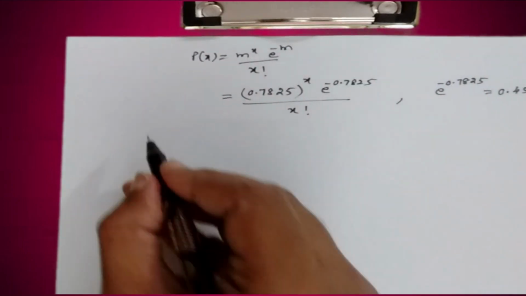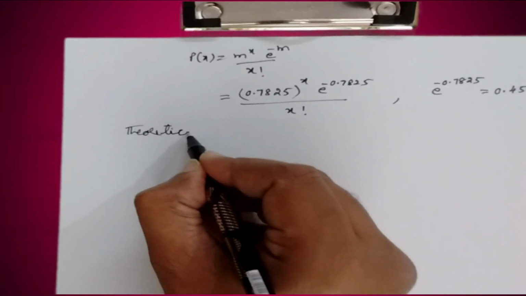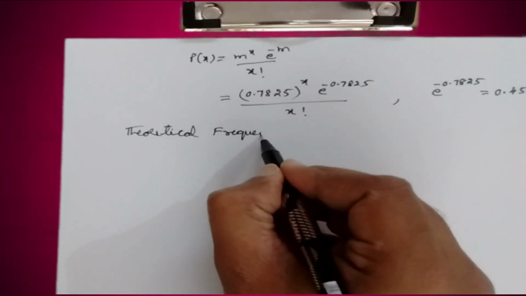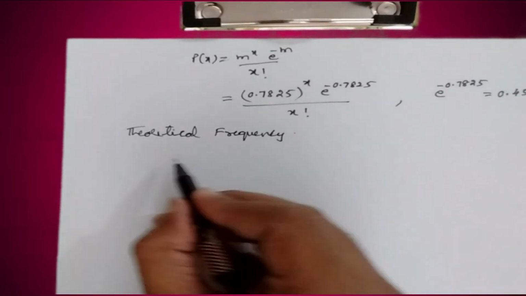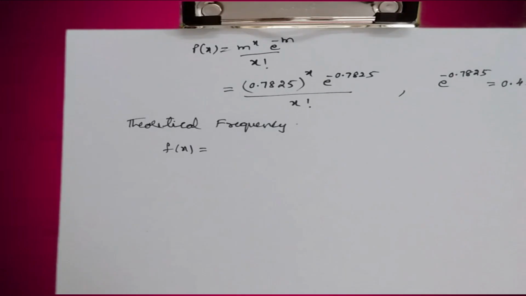Now we'll go for the theoretical frequency. So theoretical frequency f of x will be equal to total into p of x. So what will be the total in this case?